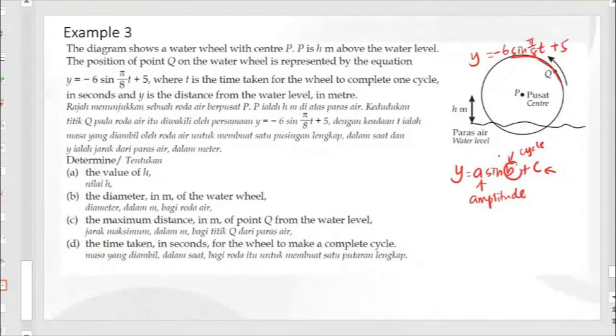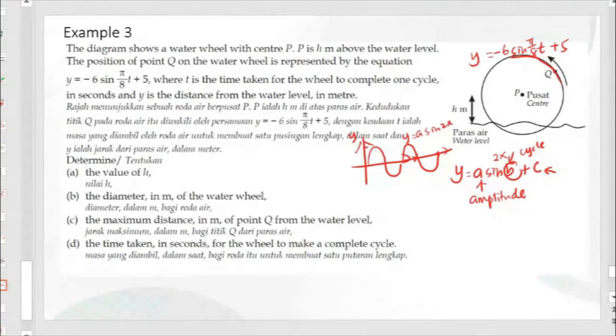For example, b is 2x. What does it mean? For example, this is x, this is y, so your sine graph looks like this. 2x means 2 cycles in 360. So y equal to a sine 2x.